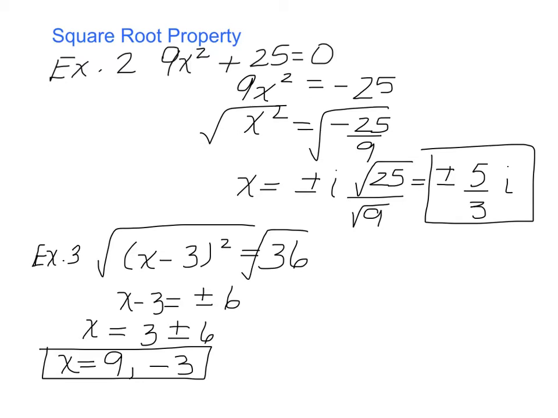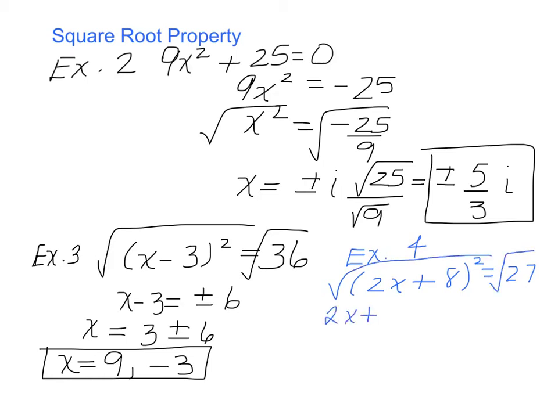Okay? And then if it can't square root, if you had one like this, and you square root both sides, you're just going to break down 27 to 3 radical 3. Then I'm going to subtract the 8 and divide by 2.